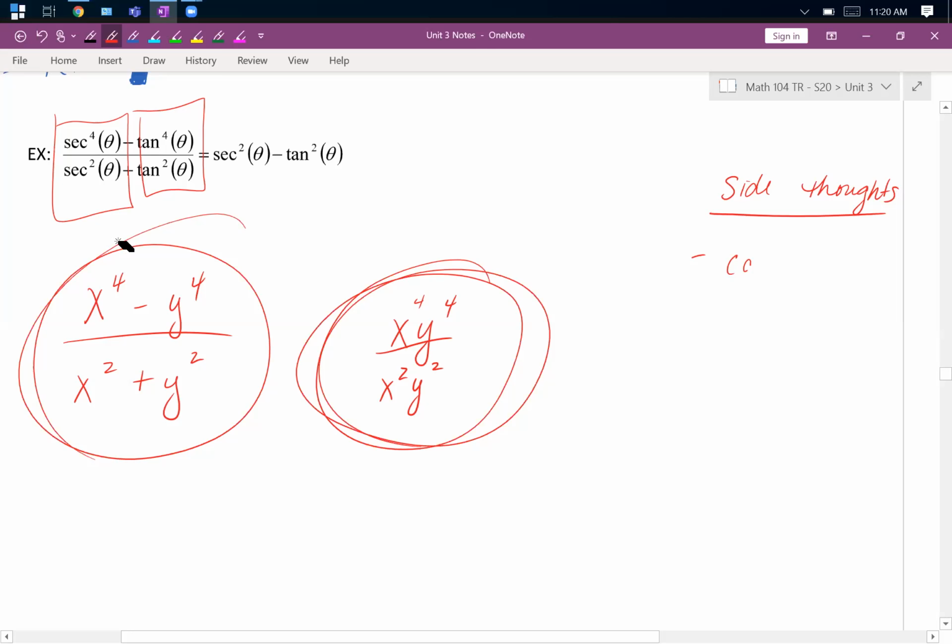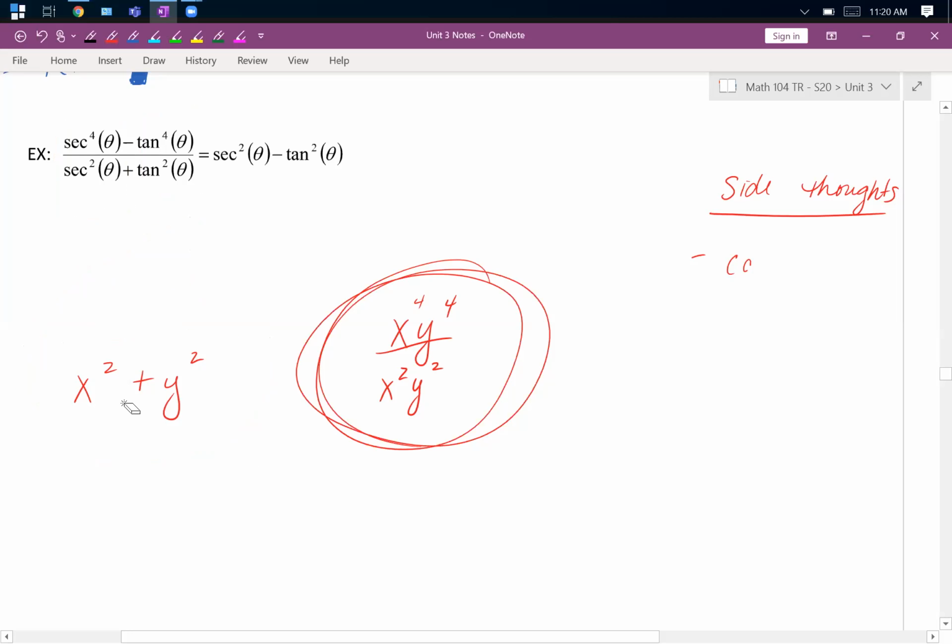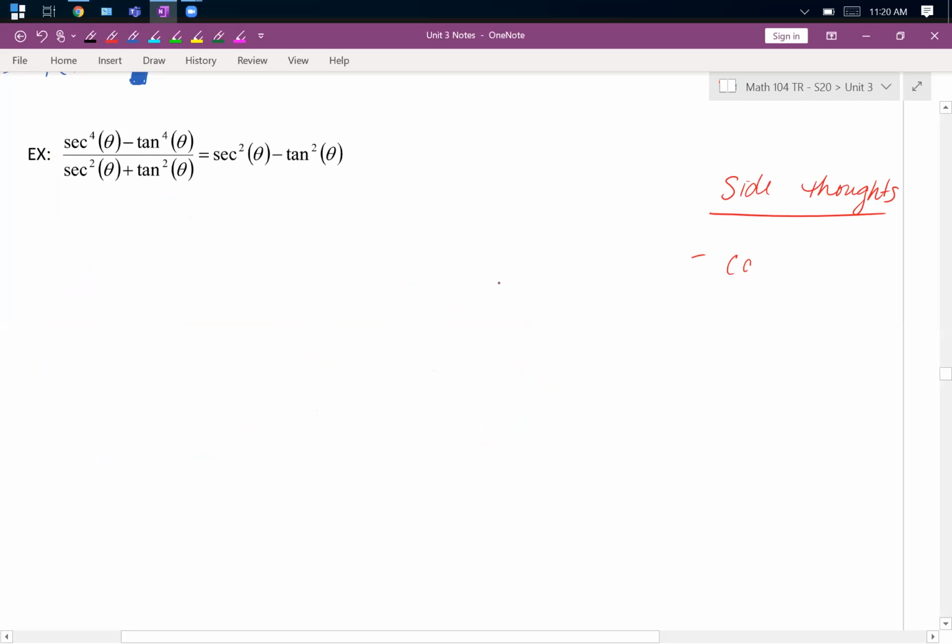So our left-hand side has addition and subtraction. So I can't just simplify those exponents on secant and tangent. What we're going to have to do is factor the left-hand side, and then cancel common factors.